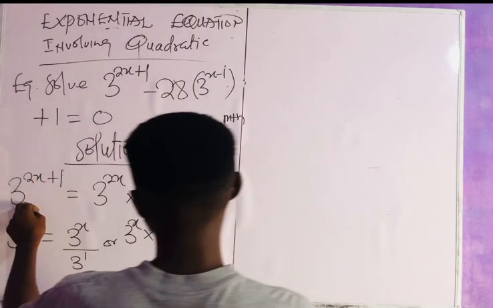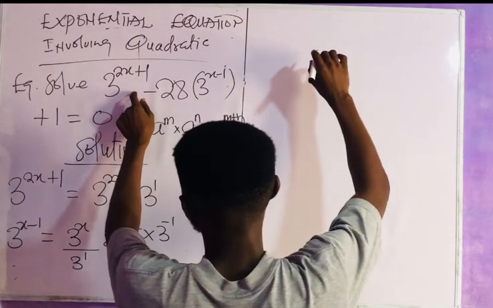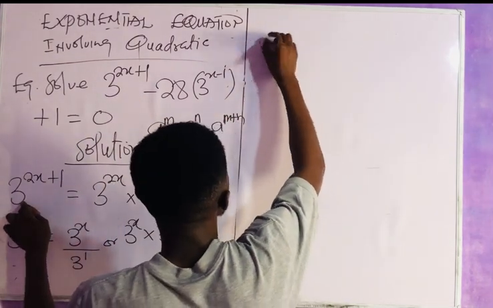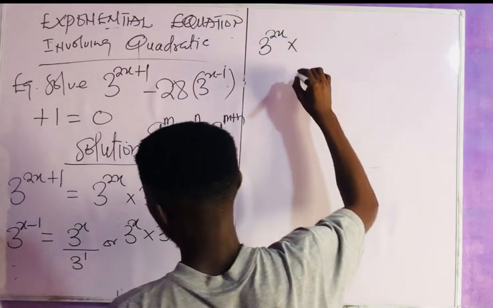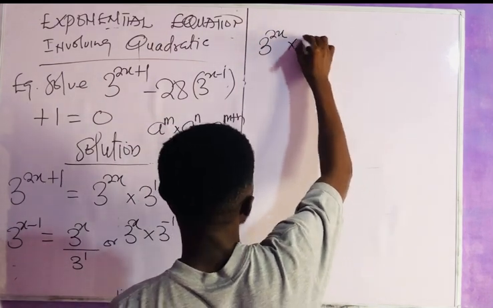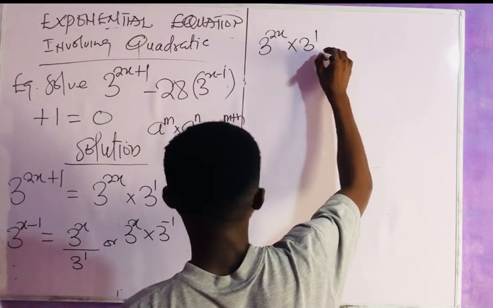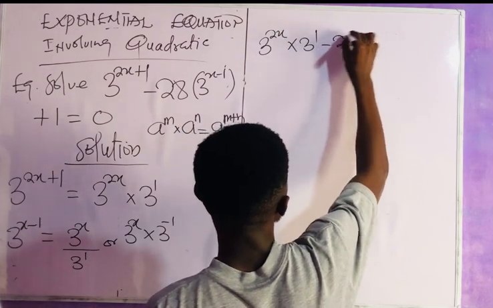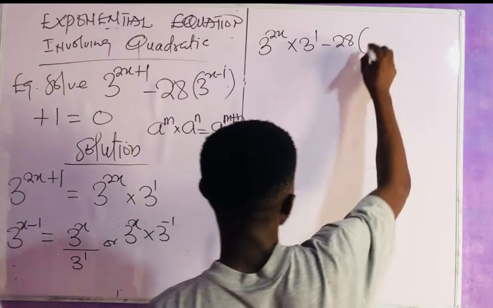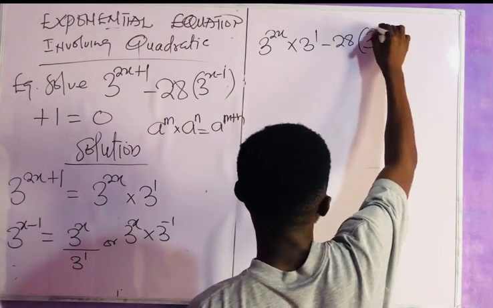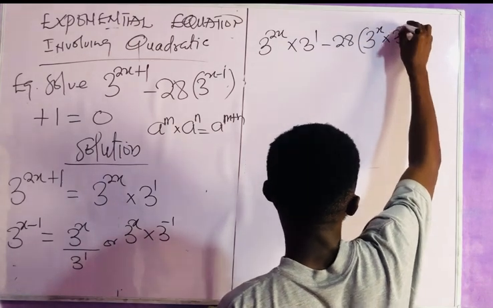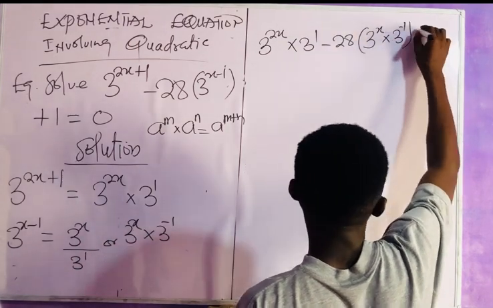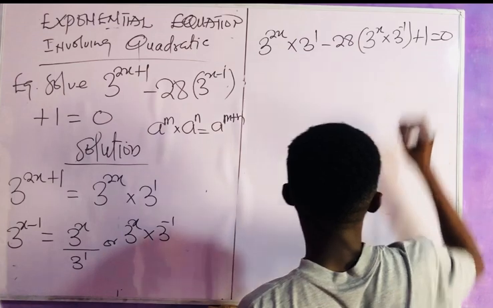So starting from there, now the whole of this one is 3 to the power 2x multiplied by 3 to the power 1 minus 28, bracket open, 3 to the power x multiplied by 3 to the power negative 1, plus 1 equals 0.